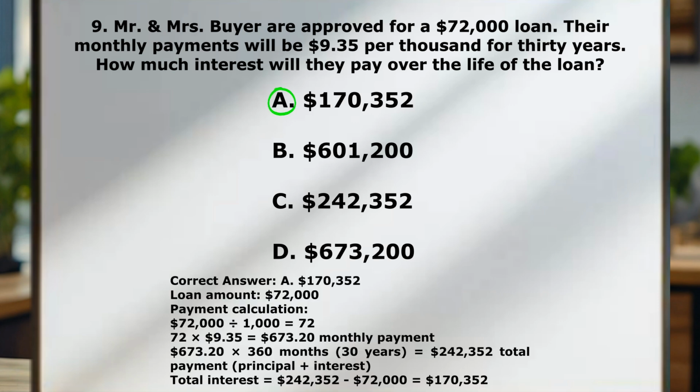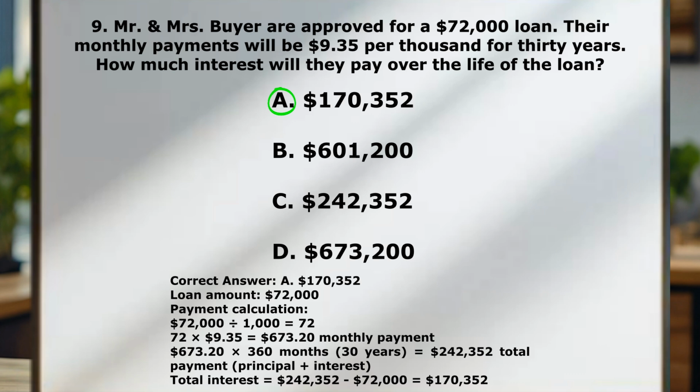I'll just walk you through the math here, right? So your loan amount is $72,000. You divide that by $1,000, right? And you get 72. You take the 72 times the $9.35 per thousand for 30 years. You take that 72, multiply that by the $9.35, which gives you a $673.20 monthly payment.